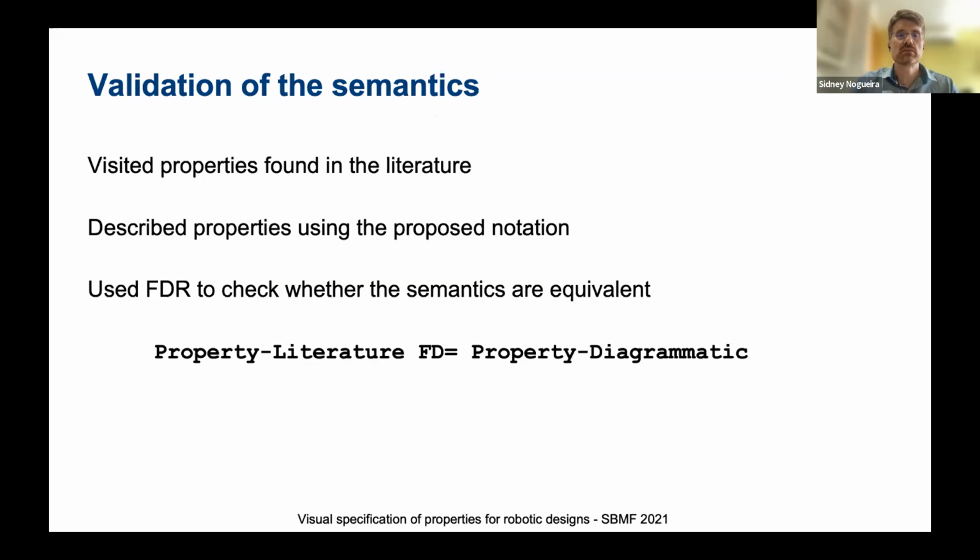We used FDR to check whether the semantics of our property defined using the diagrammatic notation is equivalent to the properties from the literature. We did this to validate that we were expressing the same semantics as CSP processes written by hand for those properties.